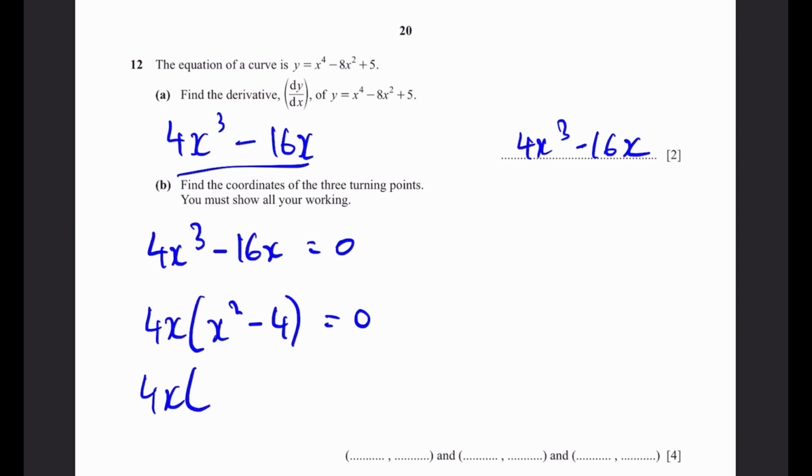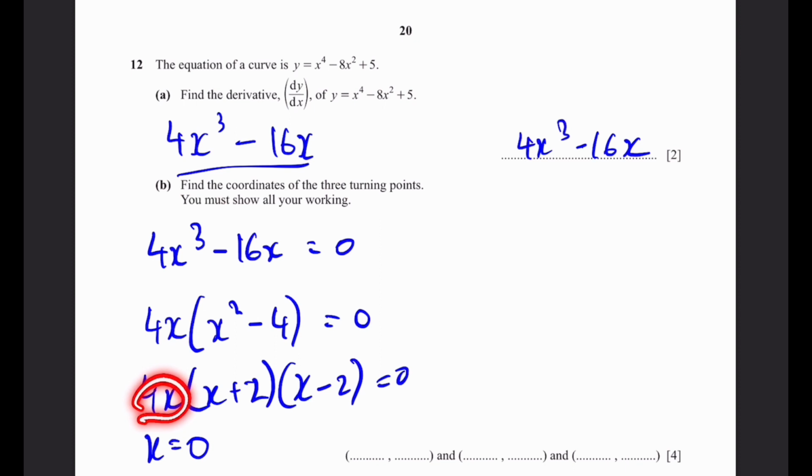So 4x times (x plus 2) times (x minus 2) equals 0. And that means x is equal to 0 from this, 4x equals 0, so x equals 0. Or x equals plus or minus 2, because if x plus 2 is 0, that means x equals -2, and if x minus 2 is equal to 0, we get x equals 2.